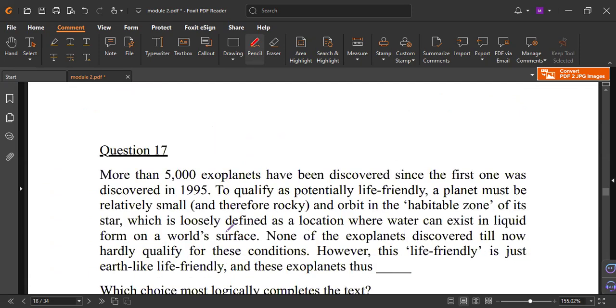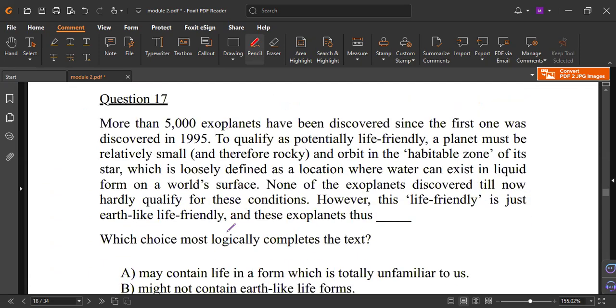Now let's jump to the next. He said to complete the text. So he said, however, so we need opposite, but let's read the code.